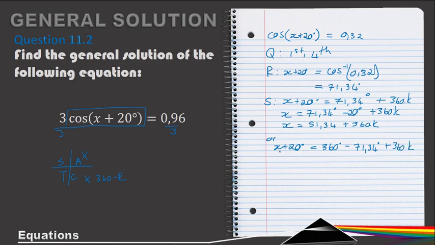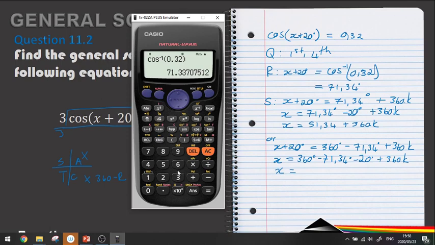And then solving for x, we just take the 20 over. X is equal to 360 degrees minus 71,34 degrees minus 20 plus the 360k. And then we just simplify. So x is equal to 360 minus 71.34 minus 20.